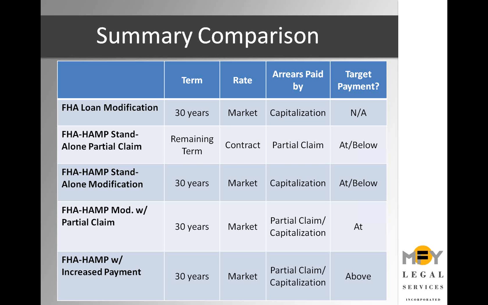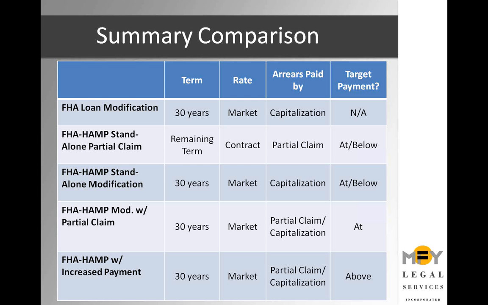Okay, the next one, the standalone modification. Again, this modifies the terms in the same way that the FHA loan modification does. So 30 years, market rate, arrears paid by capitalization. But here, the payment's always going to be at or below the target payment, and again, generally below, except for a freak coincidence.